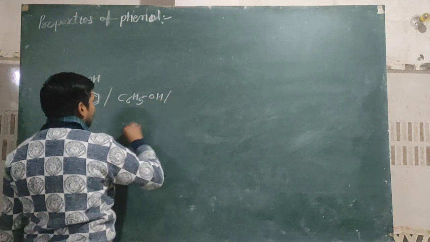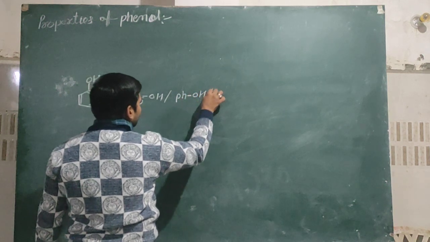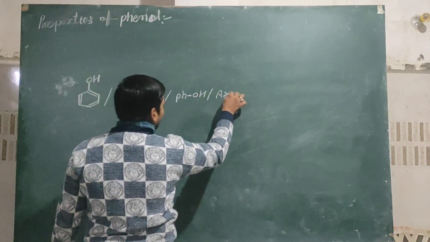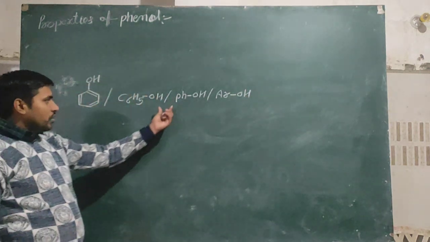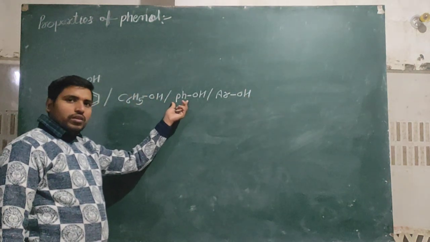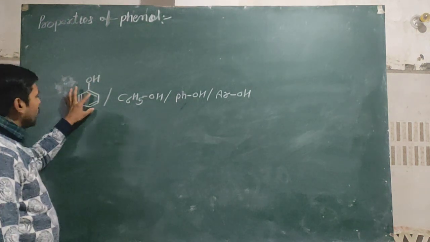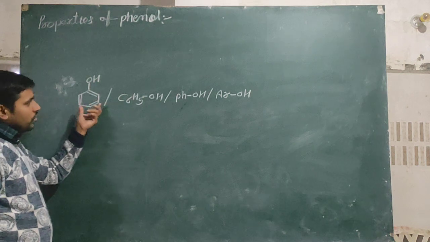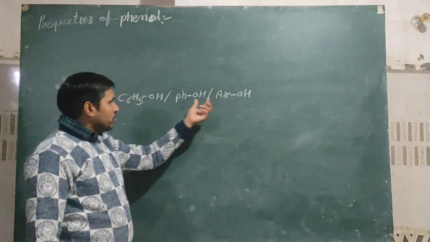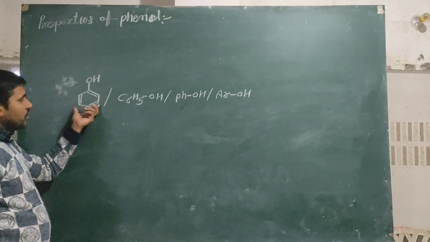It is denoted by C6H5OH or PhOH or ArOH. Okay, here the symbol Ph indicates the phenyl ring. After removal of one hydrogen atom from benzene, it is known as a phenyl ring, and Ar stands for aromatic hydrocarbon or aromatic ring.